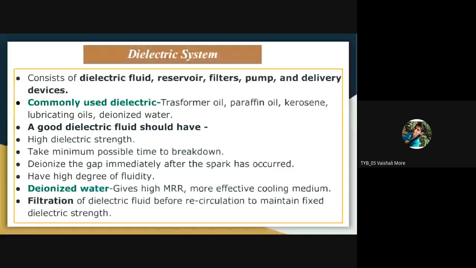And most important, filtration is required. If you reuse the dielectric fluid after usage, there may be contamination of debris particles, so we need the filtration.